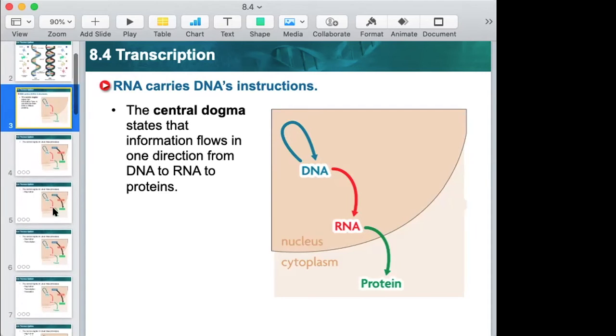And that's what we see described right here in this picture. DNA in the nucleus makes RNA. RNA moves out of the nucleus to the cytoplasm, and it makes a protein out there. So there's two major steps. Transcription is that first step going from DNA to RNA.